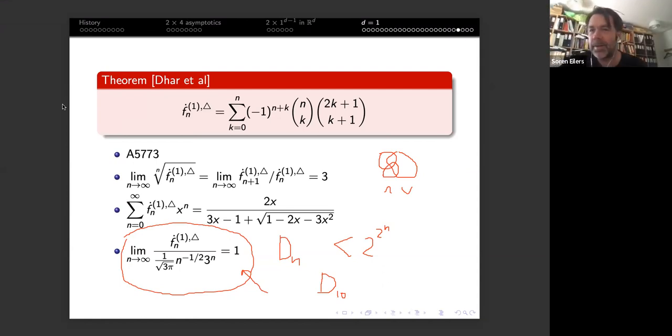I think this is a general phenomenon in combinatorics: if you look at a problem, it's very difficult to determine how hard it is, because you have two problems that look like pretty much the same level of difficulty, but one has a nice closed expression and one is completely impossible.